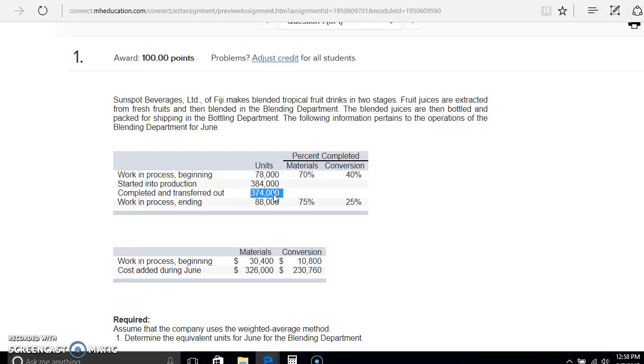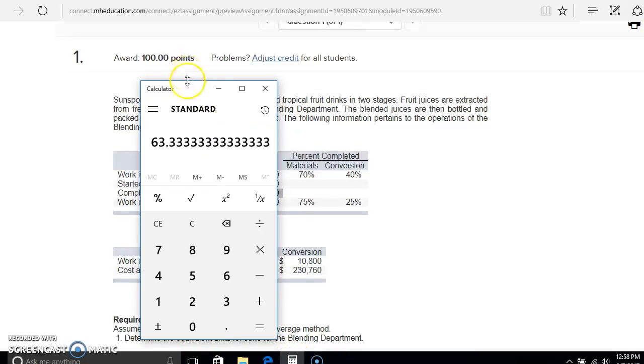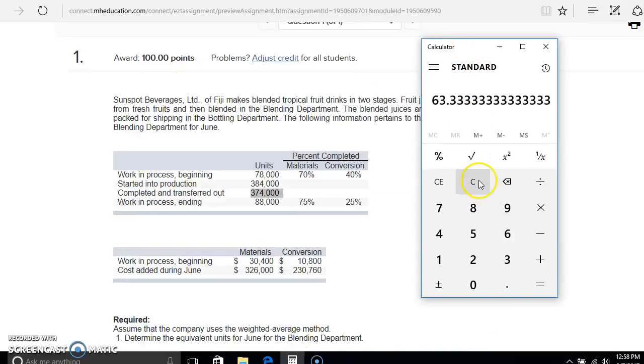And then we've got 88,000 that are 75% complete. So I'm going to take 88,000 and multiply it by 75%. So 66,000. So for materials, my equivalent units of production, 374 plus 66, is 440,000.